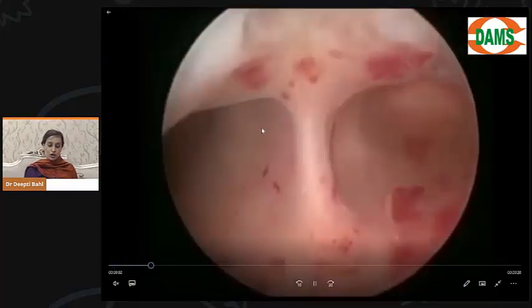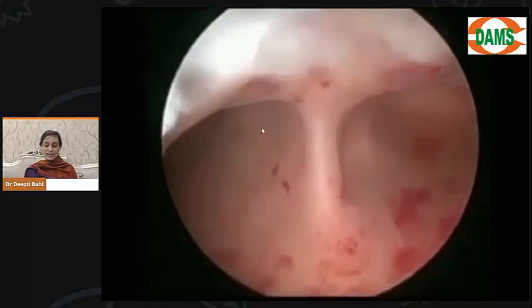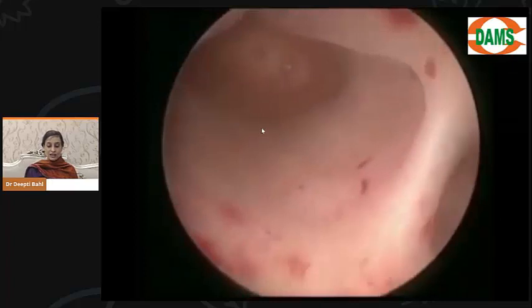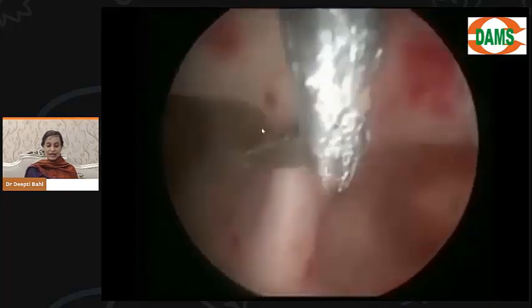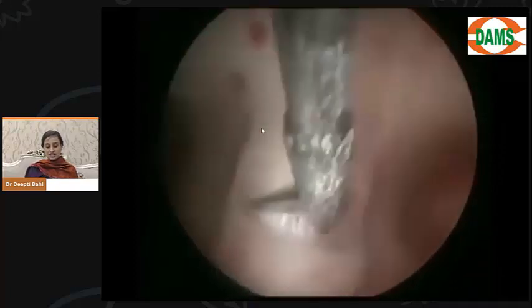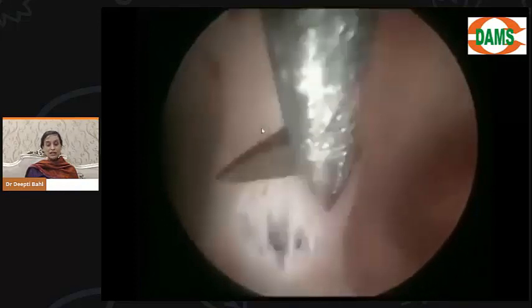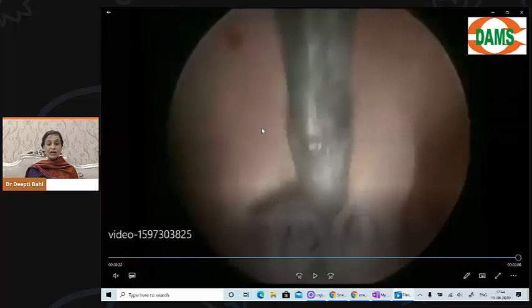These are the two cavities that you are seeing on the inside. This is one cavity, this is the other cavity, and there is a thick septum between the two. This is a hysteroscopic septal resection that we are doing. We will simply cut the septum, and that is going to be the treatment.